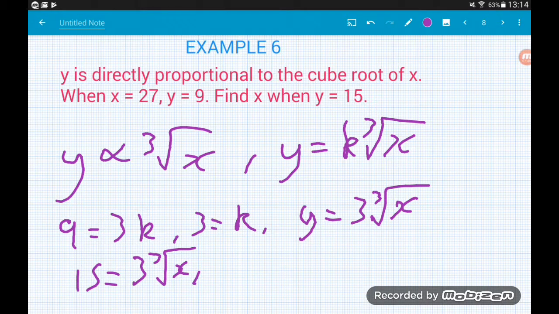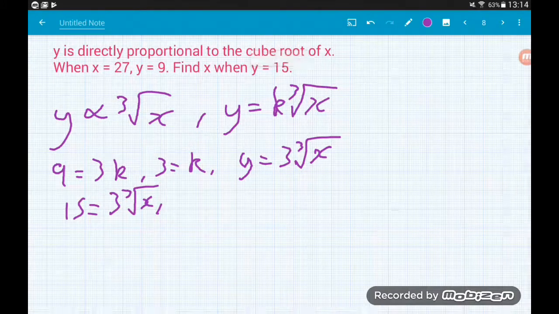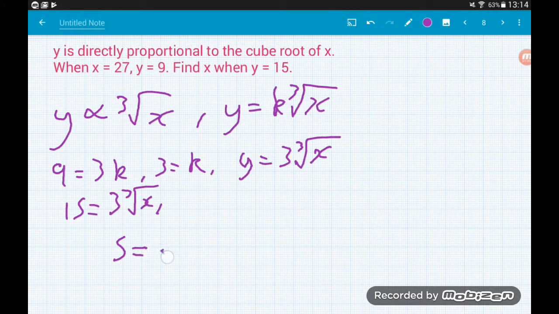Now if we divide both sides by 3, we get 5 equals cube root of x. And then we cube both sides. To undo a cube root, you cube it. Now 5 cubed is 125. So we get 125 is equal to x. X is equal to 125.